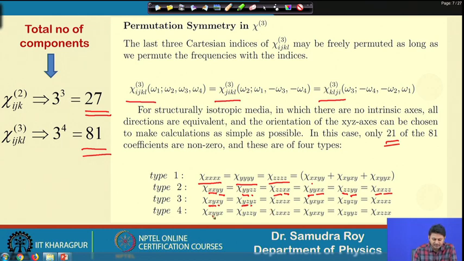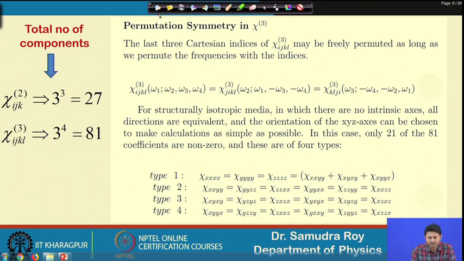Finally, we have a mirror kind of thing. So, XYYX, YZZY, these components are again the same as each other. So, these are the 21 different elements that one can reduce to for an isotropic system, other components are not there.